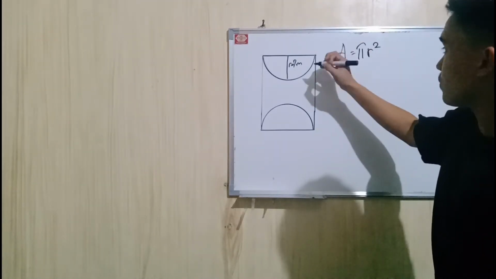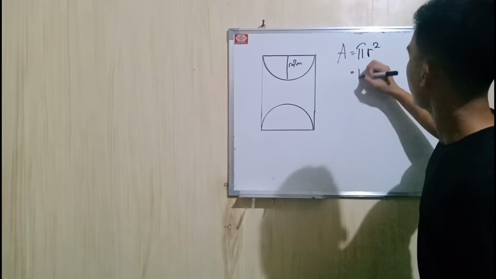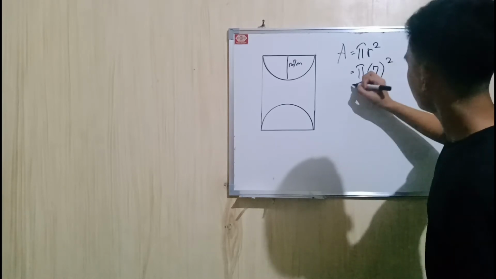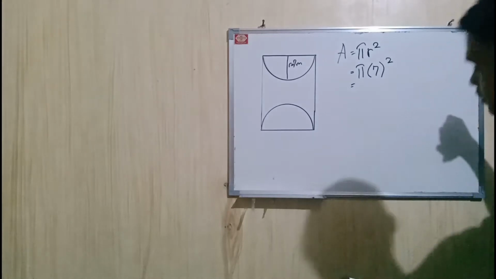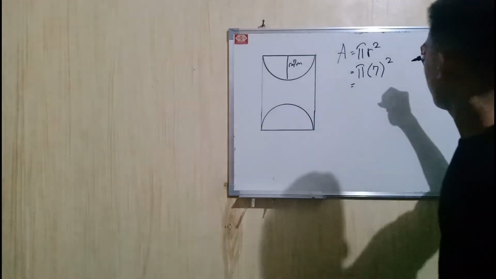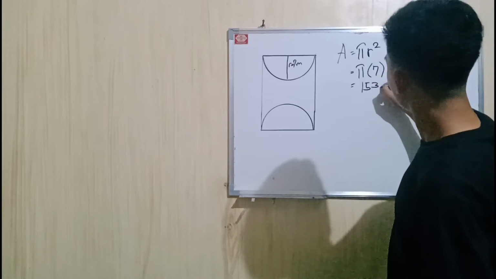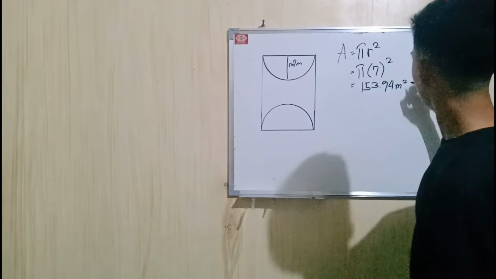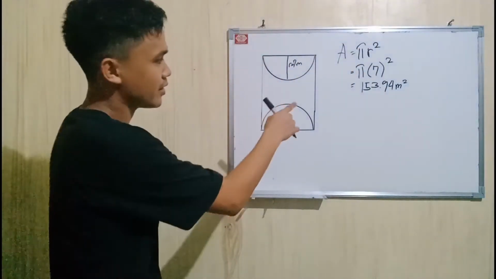So it will be pi times 7 squared, which is 153.94 meters squared. But it will not end in that part.